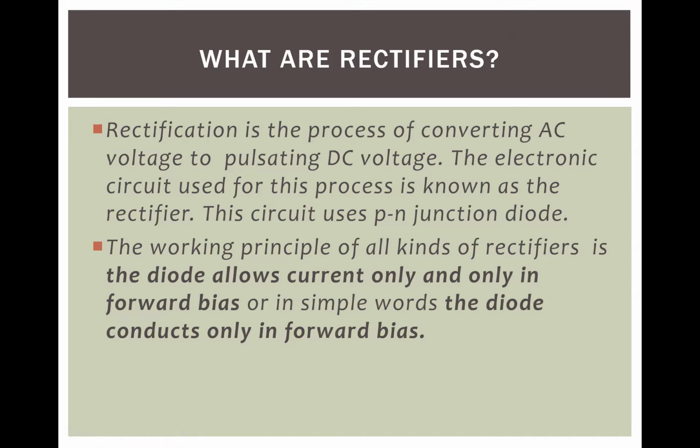In the next slide, we are going to see the difference between pure DC and pulsating DC voltage. So, the definition: rectification is the process of converting AC voltage into pulsating DC voltage. That we need to remember.